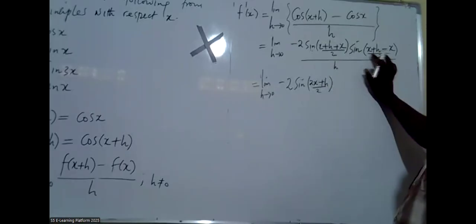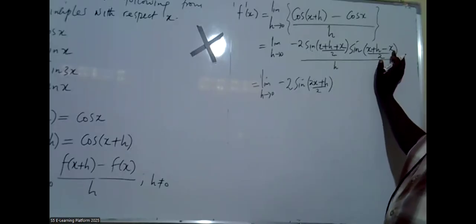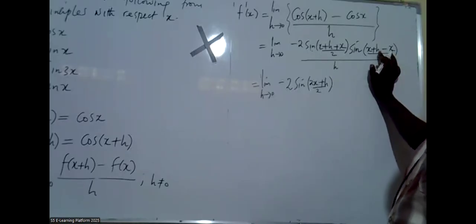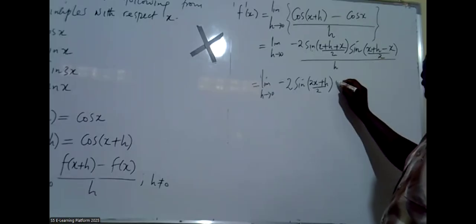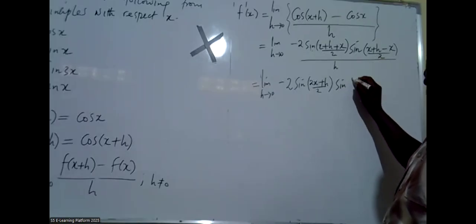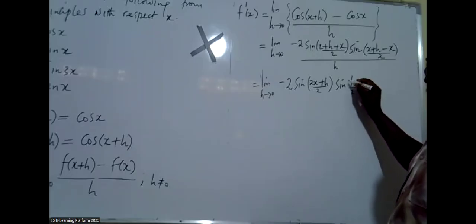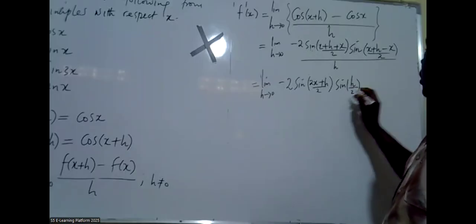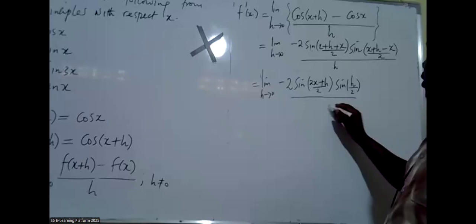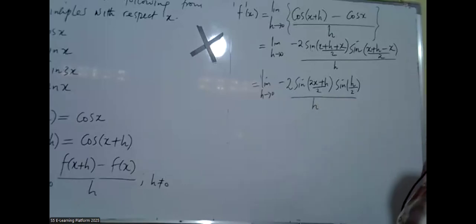Here I have x minus x, that will cancel out. Then plus h, so I will have sine of h over 2. Then everything is divided by h.